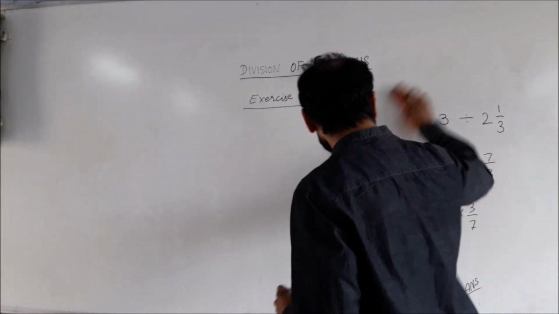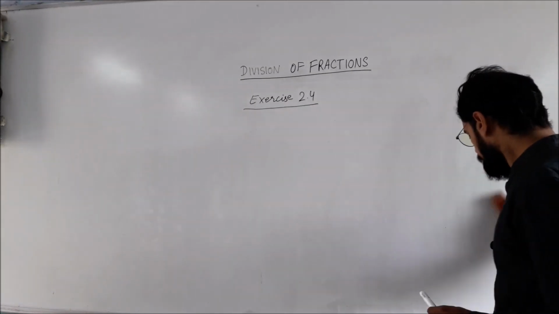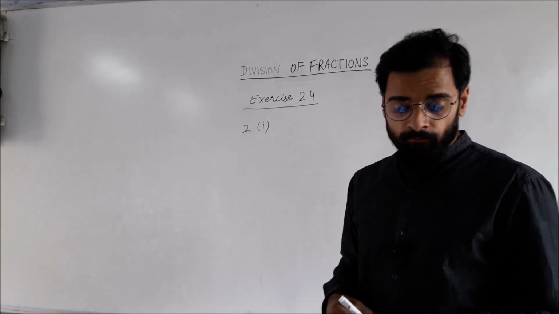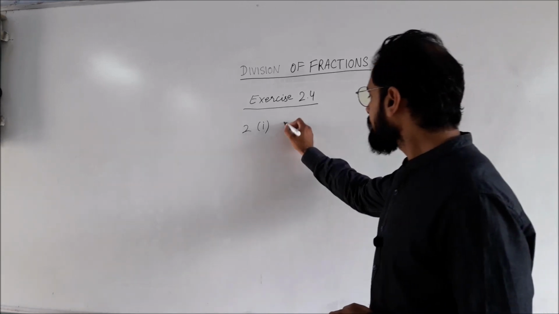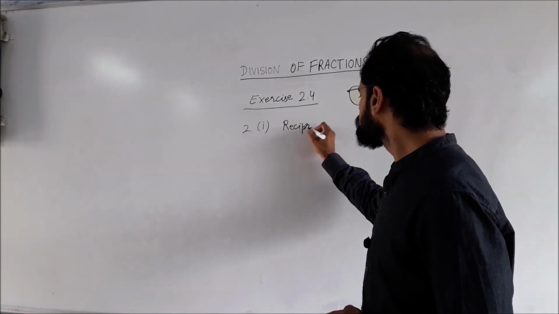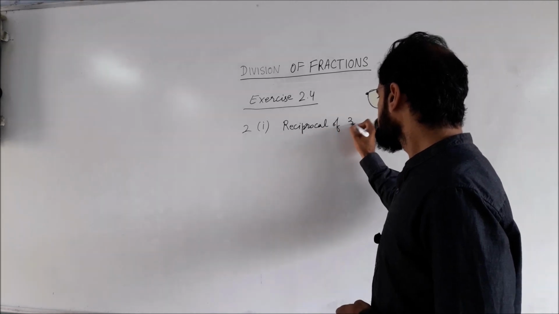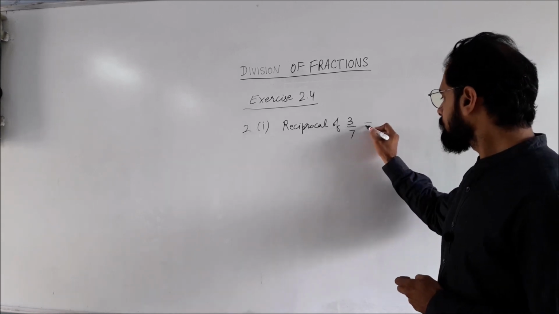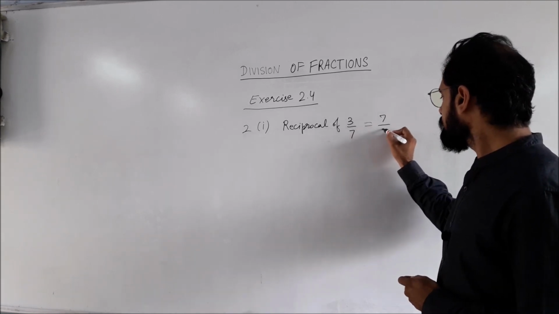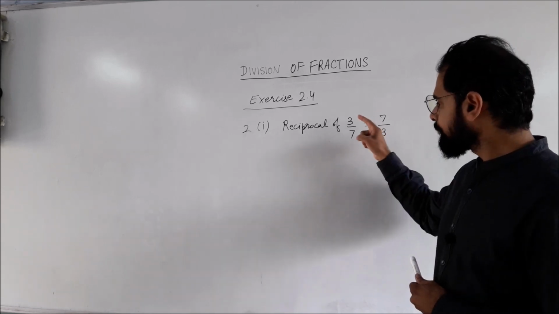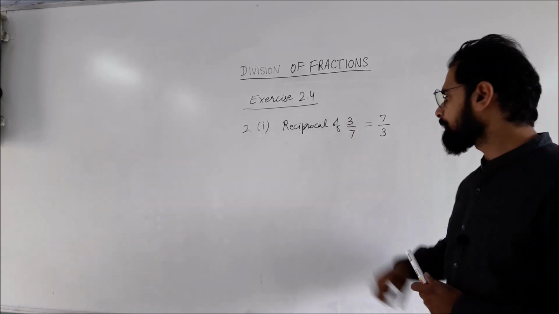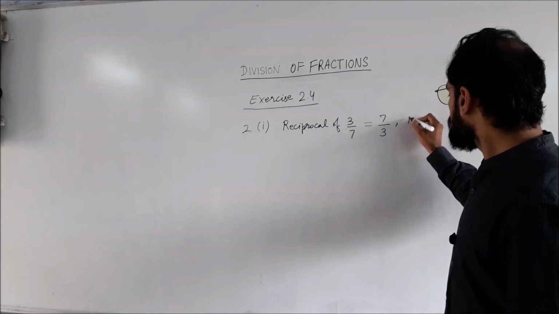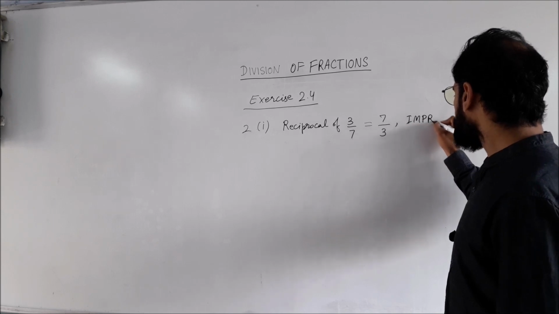Second question, first part is to find the reciprocal of 3 over 7. So this will be 7 over 3 clearly. 7 will go in the numerator and 3 will come down in the denominator. 7/3 is the reciprocal of 3 over 7, and this number is an improper fraction.